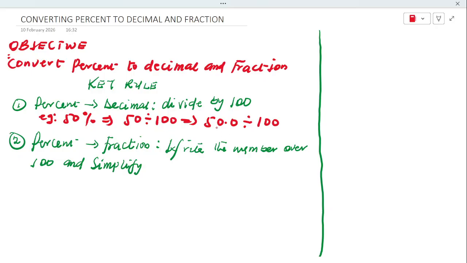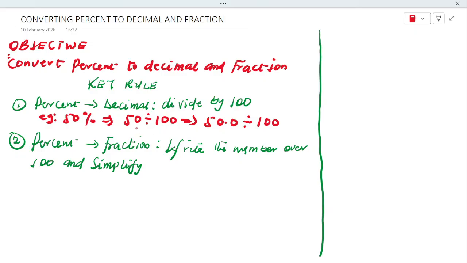Remember, if the dividend is lesser than the divisor, you add a decimal point and then you add 0. Take note of this rule. The dividend is the number we are sharing or dividing, and the number of people receiving it becomes the divisor.